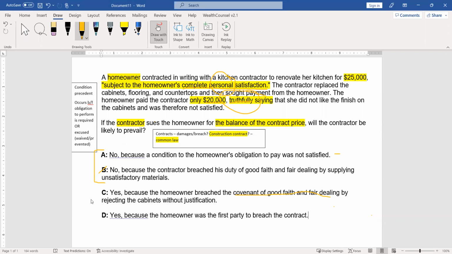She's not faking it. So I would say no, that goes directly against the fact pattern, which means it's probably not the best answer choice, especially if we are liking A based on our IRAC-ing so far. Yes, because the homeowner was the first party to breach the contract.